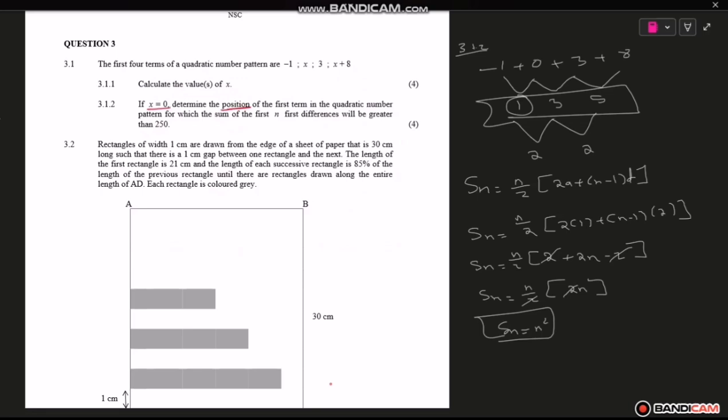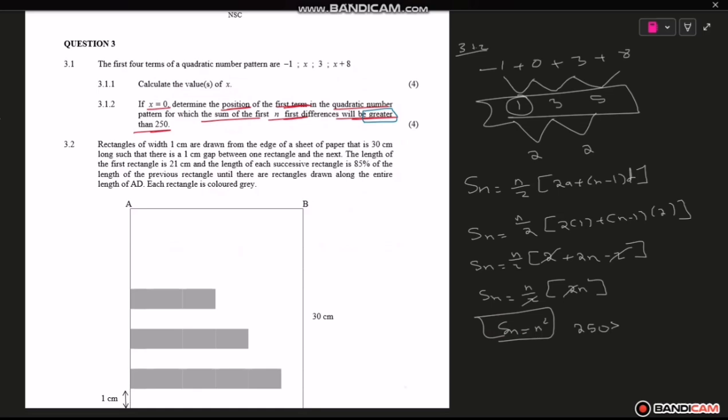Okay, if x equals 0 and they want us to determine the position of the first term in the quadratic pattern, which will be the first differences will be actually greater than 250, meaning where there's n, we're going to put 250.